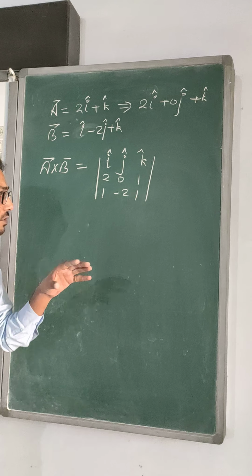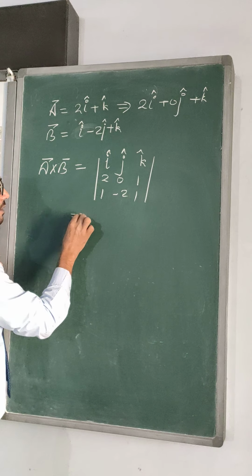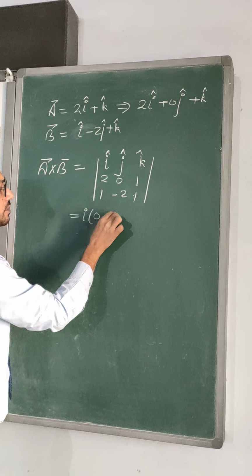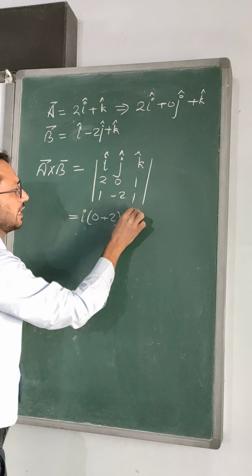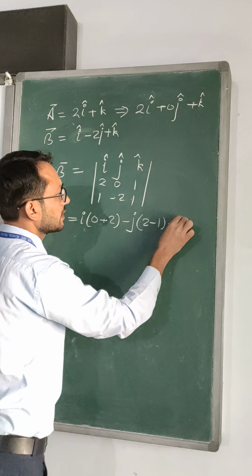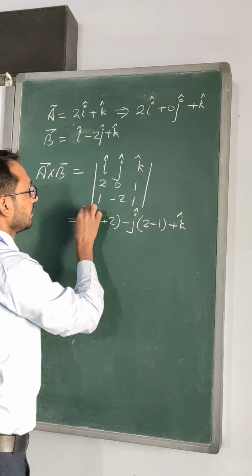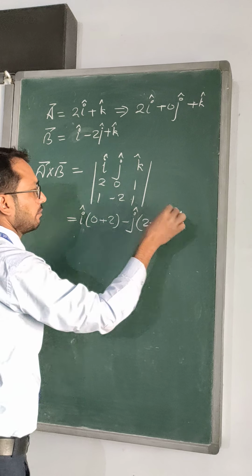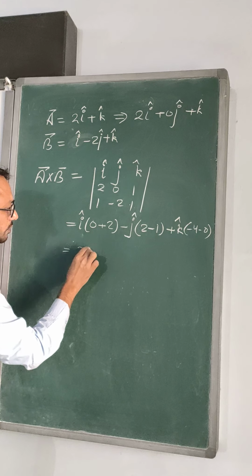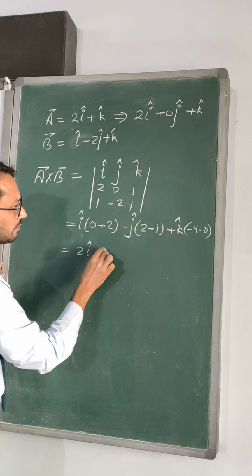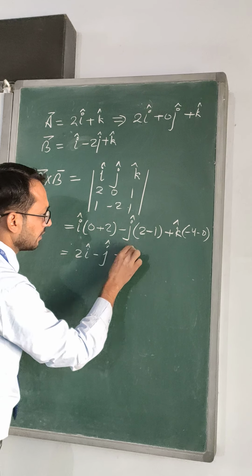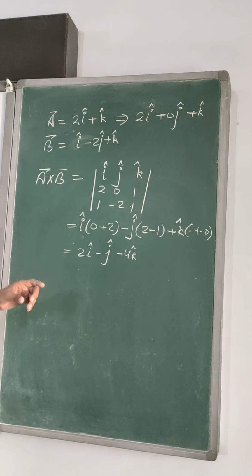Now finding its determinant: i times (0 plus 2), minus j times (2 minus 1), plus k times (minus 4 minus 0). So A cross B is 2i minus j minus 4k.